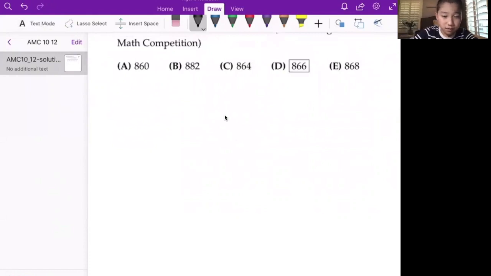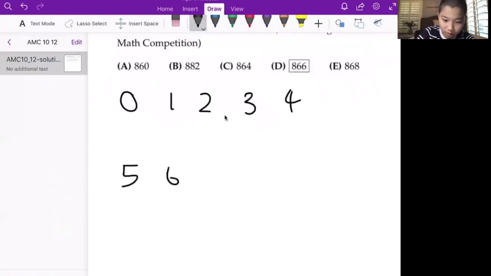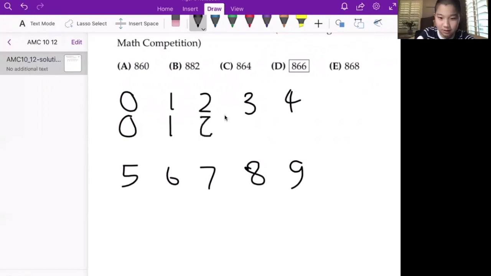So let's look at what happens when we turn each digit upside down. For 0, we get 0. For 1, we get 1. For 2, it's interesting. If you reverse this, it becomes this, if you rotate it 180 degrees.